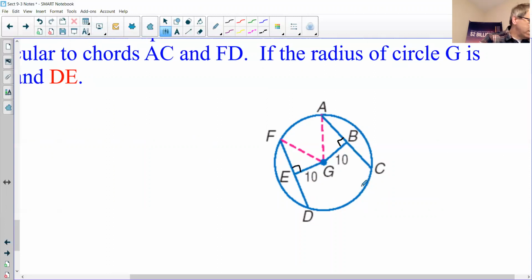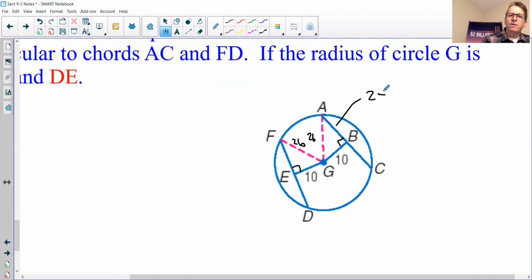If the radius of circle G is 26, find AC. Radius is 26, so this is 26, and this is 26. We can find this AB, and this ends up being a Pythagorean triple. We have a 10, 26, and this ends up being 24 here.